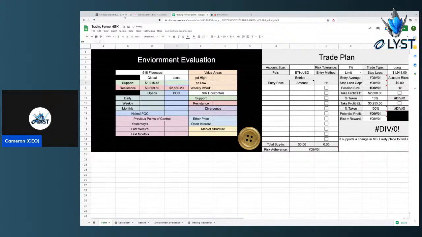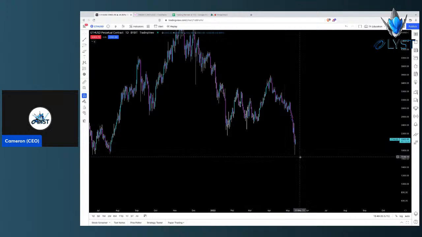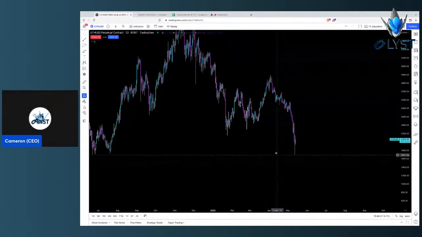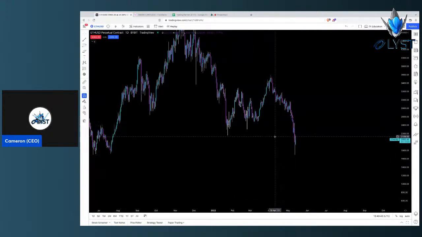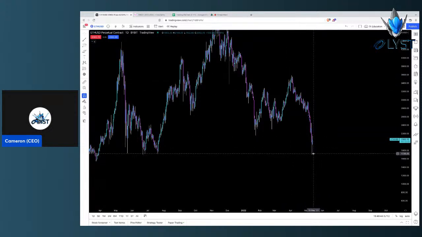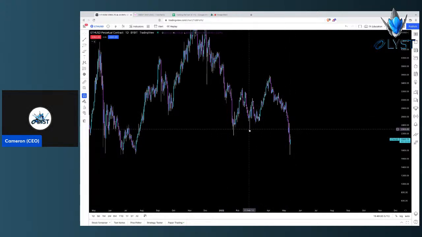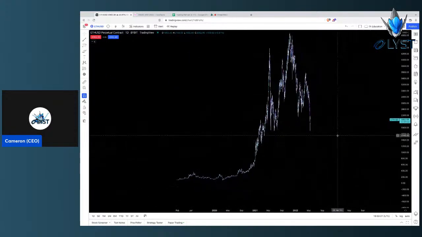Okay, local support. You know where we're at, there's not much to talk about because this is the low, right? This is where we would be measuring from, and if we were to go anywhere backwards, we're already under it, so it's not actually going to be offering us any support.